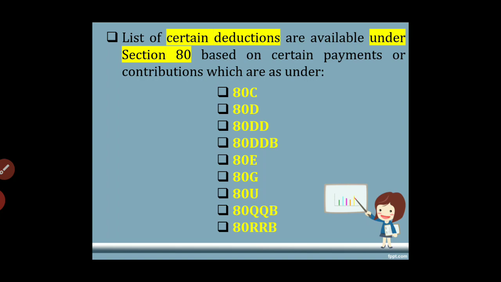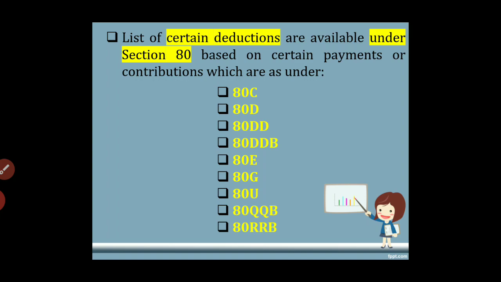Number 2, what are the basic conditions that any assessee needs to fulfill to claim the deduction? Number 3, quantum of deduction. That means amount of deduction, how much amount of deduction that any assessee can avail at maximum.